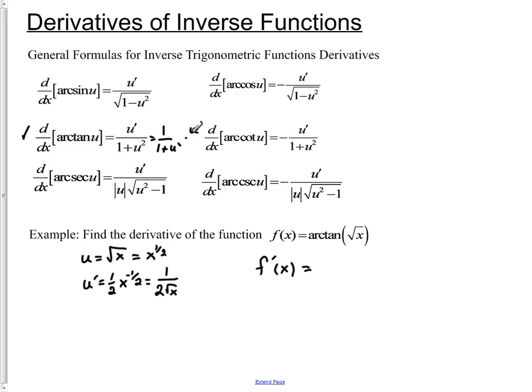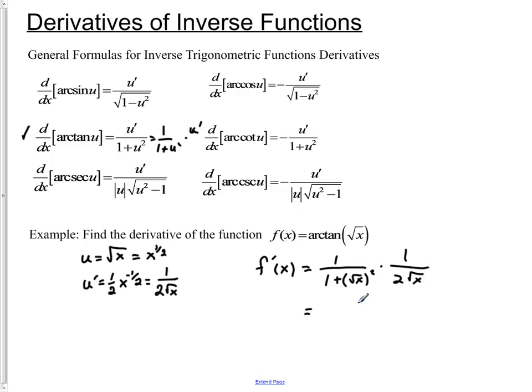I keep that u prime separate because you'll see what's going to happen right here. If I take 1 divided by 1 plus u, which is our square root of x, squared, and multiply it by u prime, which is 1 over 2 times the square root of x, let's take a look at what's going to happen.